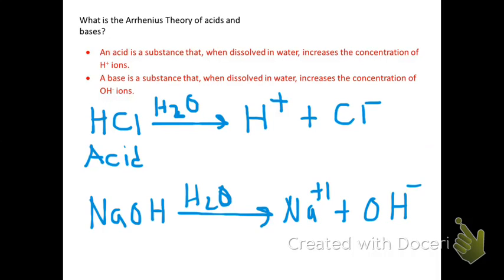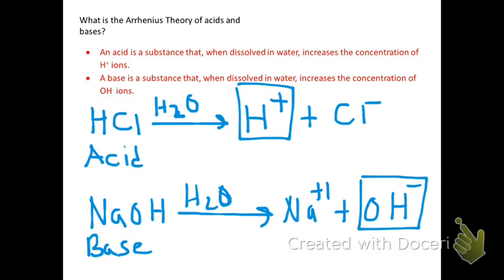Because sodium hydroxide makes a lot of hydroxide ions, we consider it a base. Again, the importance is producing the H pluses and the OH minuses for the Arrhenius acid-base theory. Keep that in mind as we go further into our discussion on acids and bases.